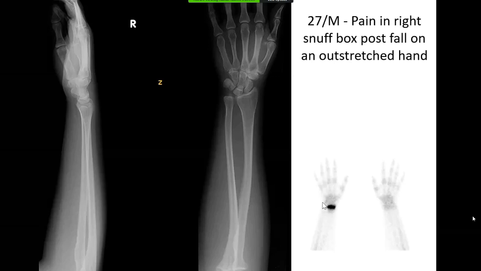But if your patient presents back and continues to have pain after a few days, a bone scan would be a very good strategy to look for radiologically occult fractures, not only at the wrist, but any part of the body. Certainly, you would see them very clearly on MRI, earlier than on bone scan, actually.